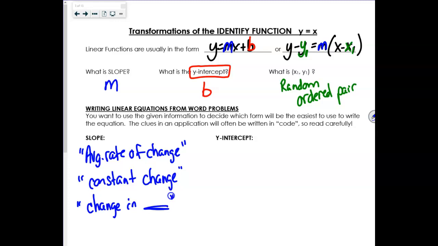So what do you notice is the same there? Change, change, change. So anytime you see a changing variable, that's associated with slope in these questions. And then for the y-intercept, which is our b value, you're going to see phrases like starting point, or you might see begins with.